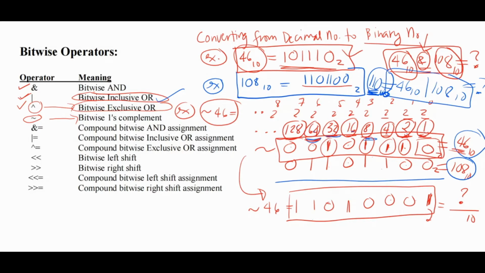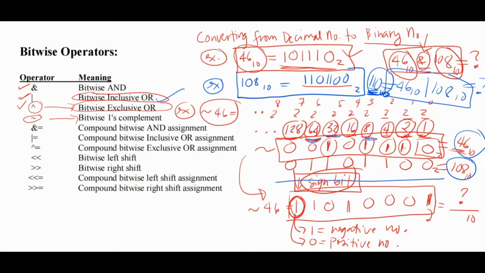Now, in a binary number, the leftmost bit, which is this one, is called the sign bit. If the sign bit is 1, it means that this number is a negative number. If the sign bit is 0, it means that this number is a positive number. Again, the leftmost bit in the binary number is called the sign bit.